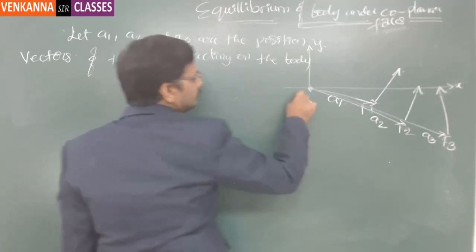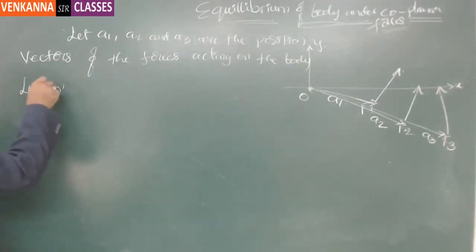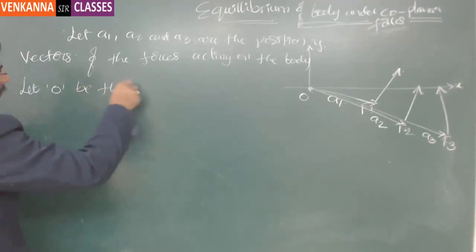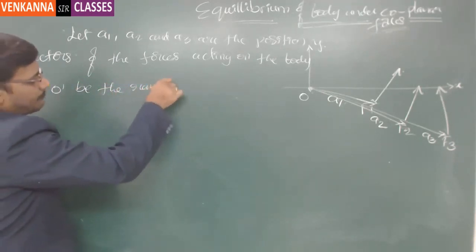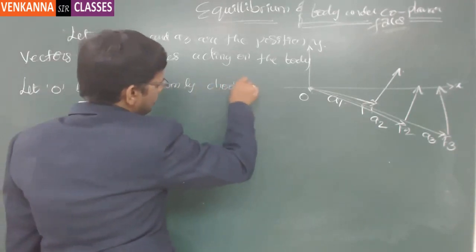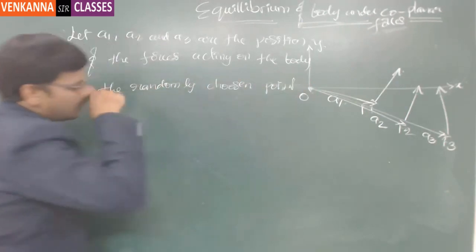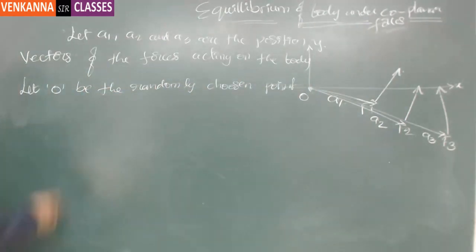And this is O. Let O be the randomly chosen point.